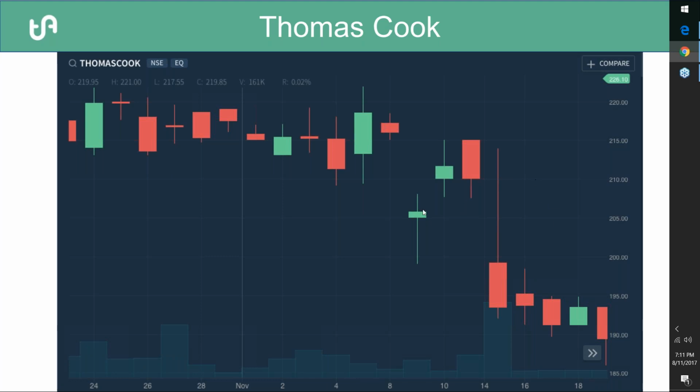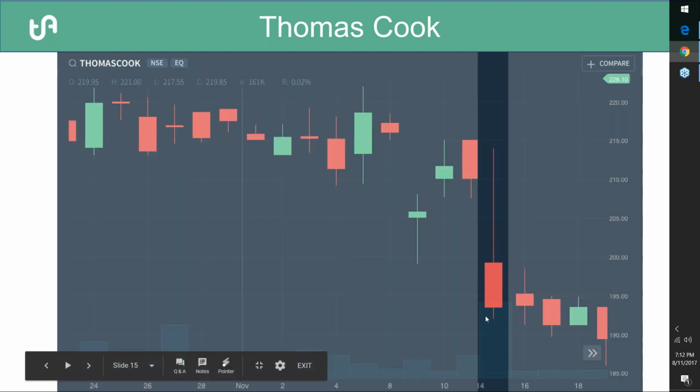Gravity basically pushed the price of the stock down. Do you guys see that? Does everybody see what's happening here? The price opened over here, shot all the way up, and then came all the way back down.